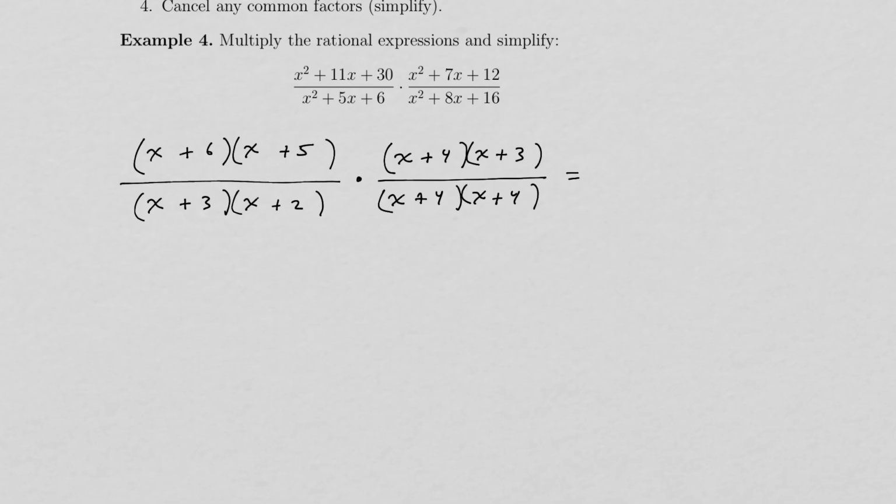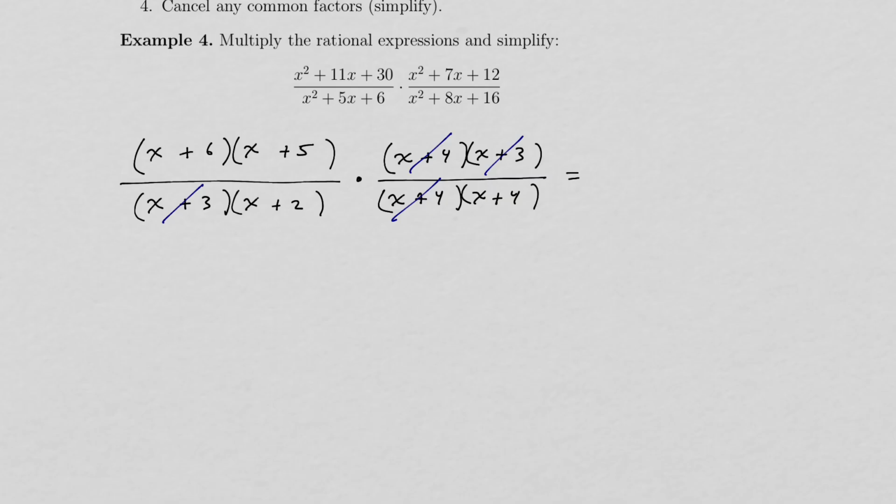Okay, so before we multiply numerators and denominators, let's just cancel whatever we can first. Because whatever's in the numerator would end up in the numerator, whatever's in the denominator would end up in the denominator, right? So we can cancel these things. So it looks like in this case, let's see, x plus 4 times x plus 4, that's gone. And then an x plus 3, right? Times x plus 3.